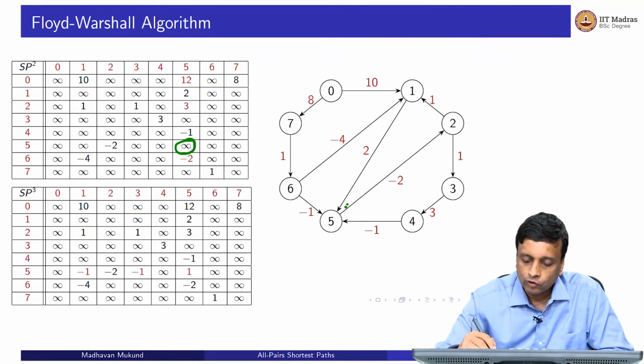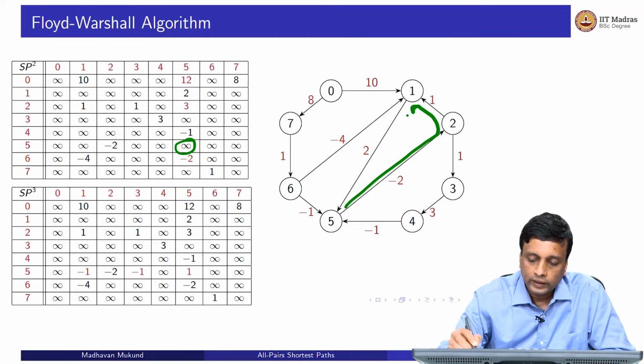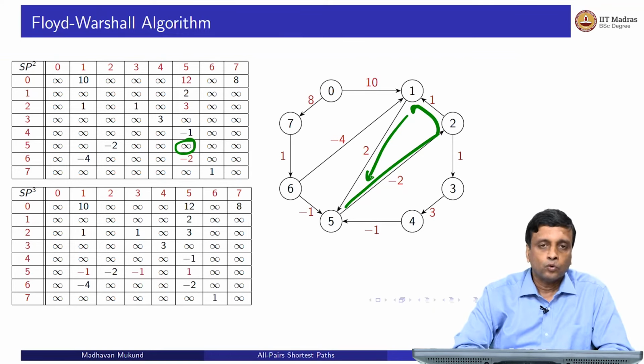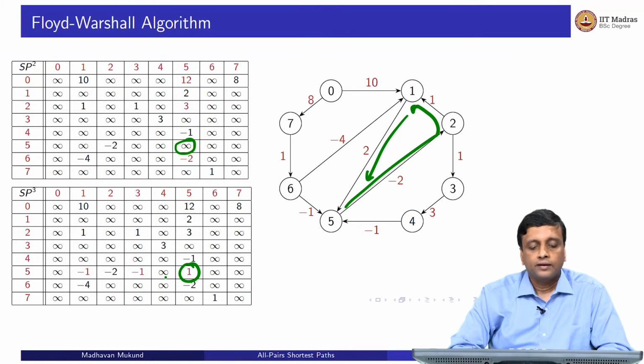Now if I am allowed to go to 2 and 1, I can go to 2, 1 and then come back to 5. So, now I have a cycle from 5 to 5, and there are no negative cycles, we assumed. Therefore, we find that 5 to 5 has length 1 because it's minus 2 plus 1 plus 2.